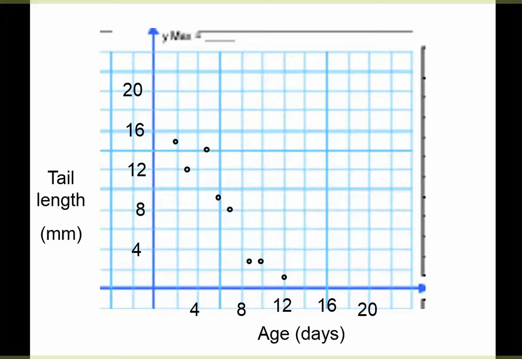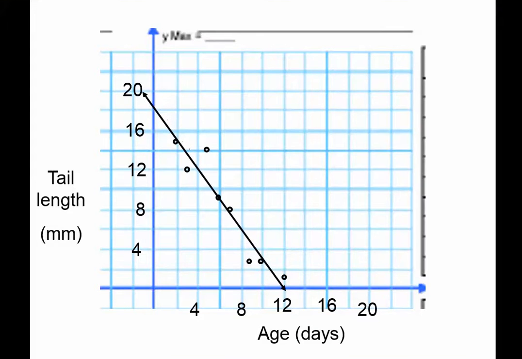Hopefully, and before I go ahead and show you this, if you haven't drawn one yourself, go ahead and draw what you think the best fit line should be. All right, so hopefully your best fit line looks something like this.